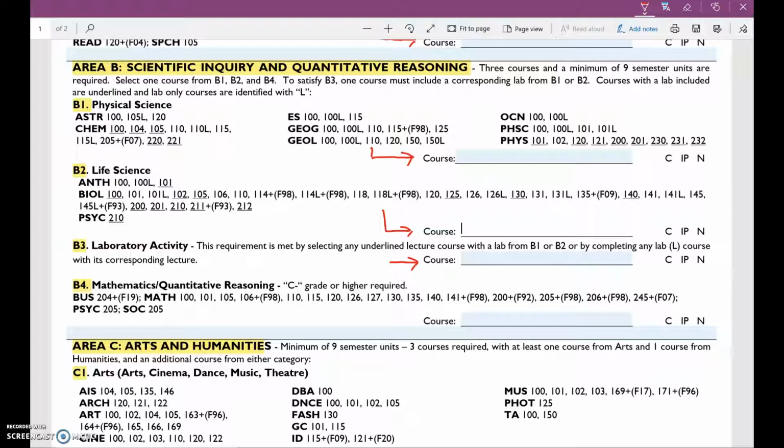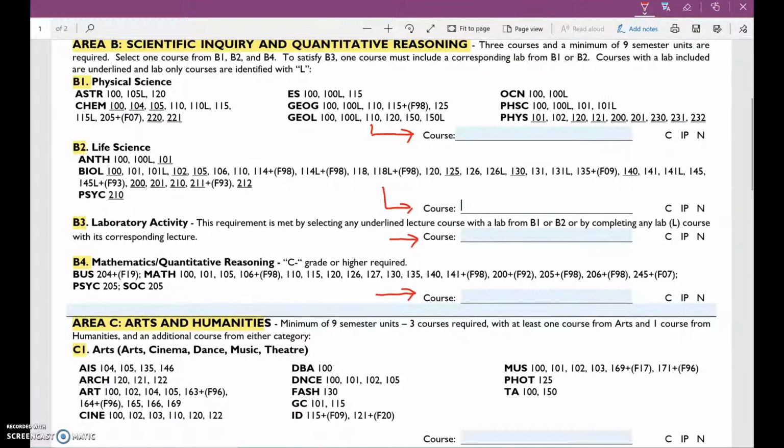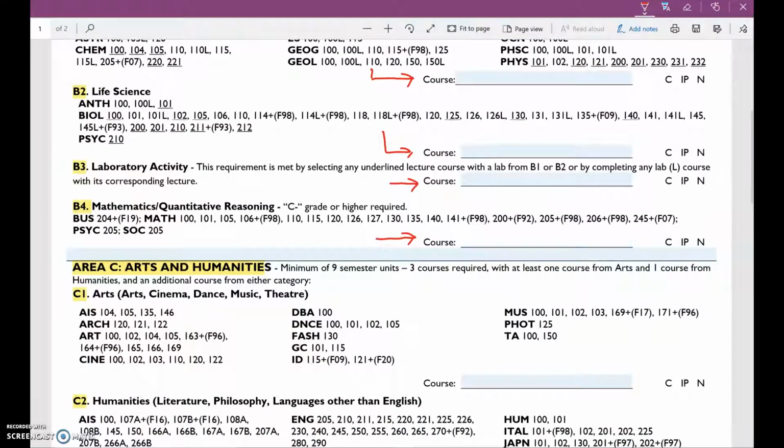Now, again, I know some of you have probably completed this section already, and what you need to understand here is if you're a science major or nursing major, those majors will dictate what you have to take here. The 100 level math requirement for section B4, the 100 level math that you take really depends on your major and what school you're going to go to.